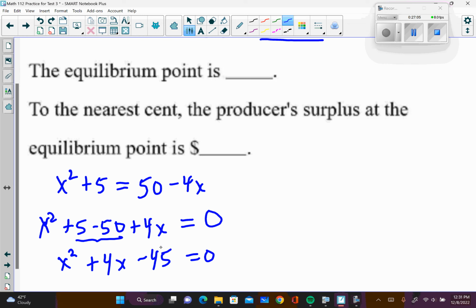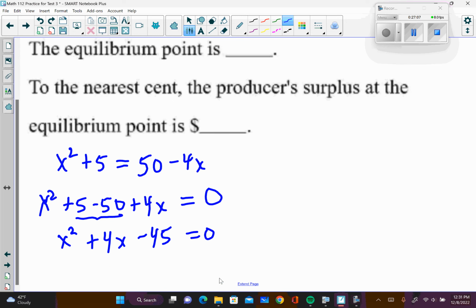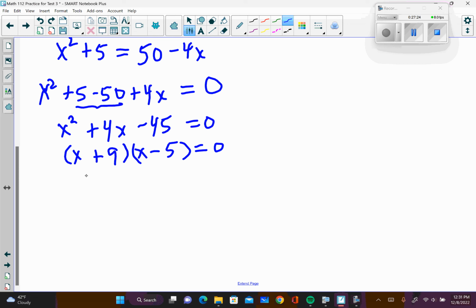And then we solve this by factoring or by using the quadratic formula. If you know how to factor, then this is x times x, and this is 9 times 5, positive 9, negative 5. And this equation is true when x plus 9 equals 0, or when x minus 5 equals 0.